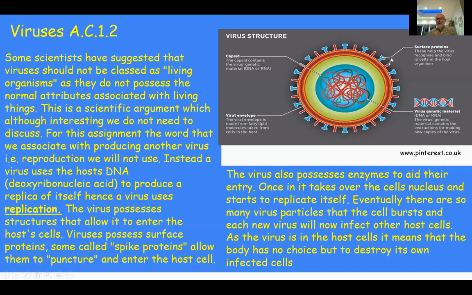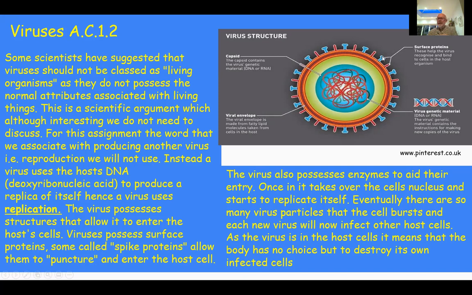And then it has surface proteins that the virus uses to recognize and bind to the cells in the host. However, it's also the means by which our white blood cells recognize an invading particle, such as a virus. And these are known as antigenic proteins.